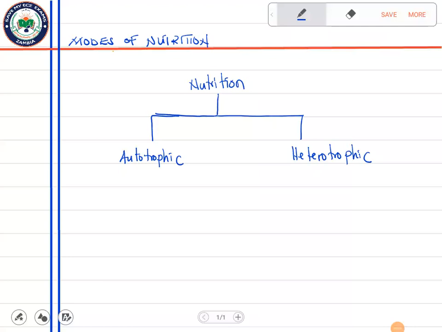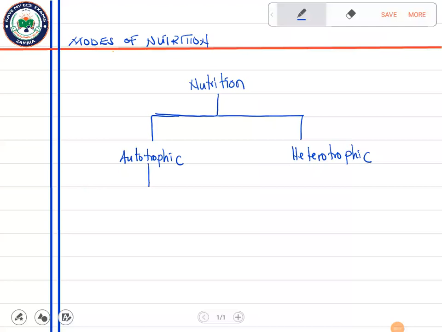So an organism will take food in the body of another organism. So it doesn't make its own food, but it depends on another organism to make food. You together, right?